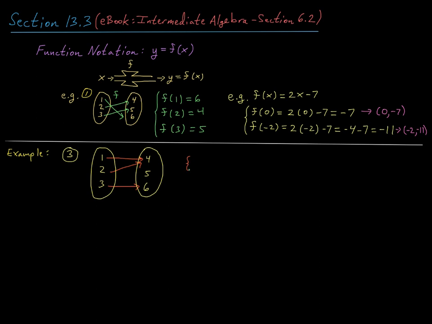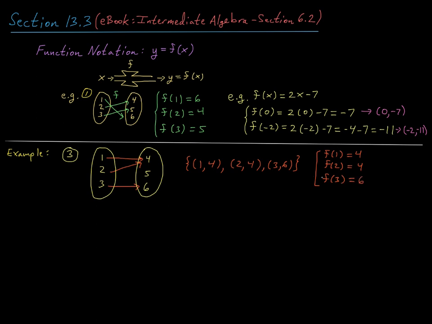So as a collection of ordered pairs, I would write this as (1, 4), (2, 4), and (3, 6). If I wanted to write these input-output pairs using function notation, I could do that as follows. I'd say that f of 1 is equal to 4, f of 2 is also equal to 4, and then f of 3 is equal to 6.